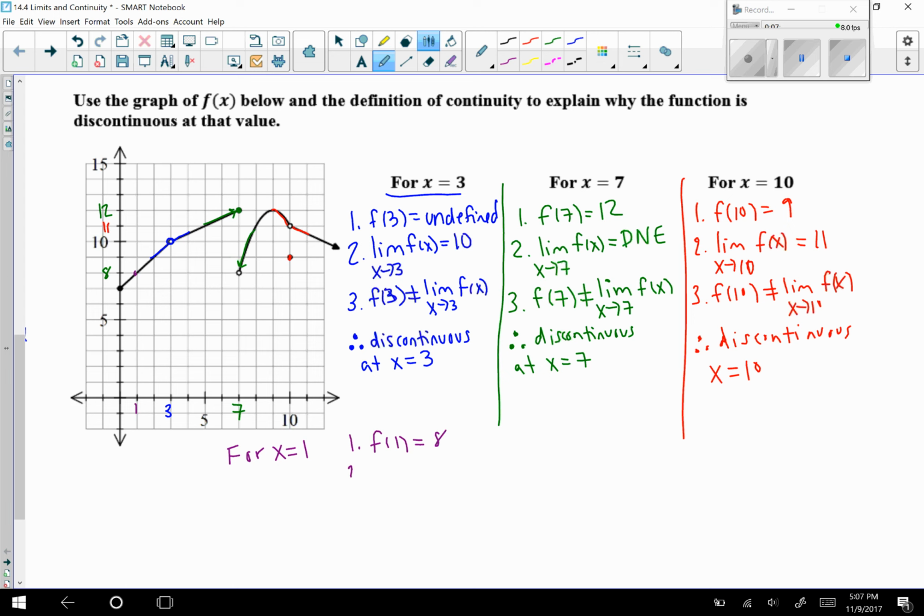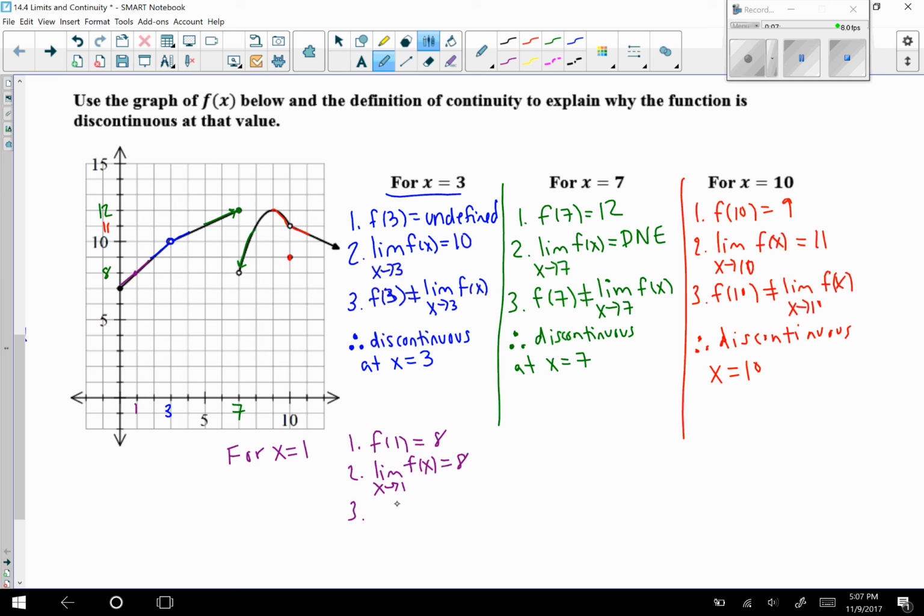And the second part would be the limit as x is approaching 1 for f of x is equal to, and you can also see from the left and the right side, we're also approaching 8.